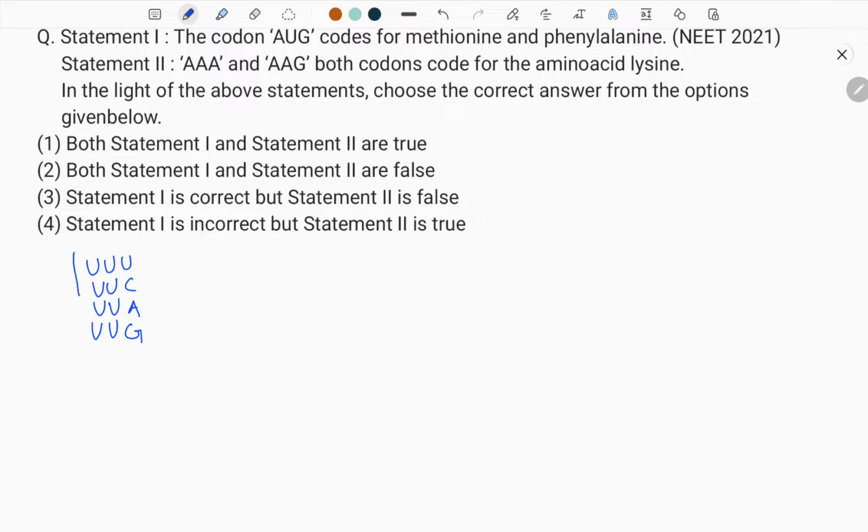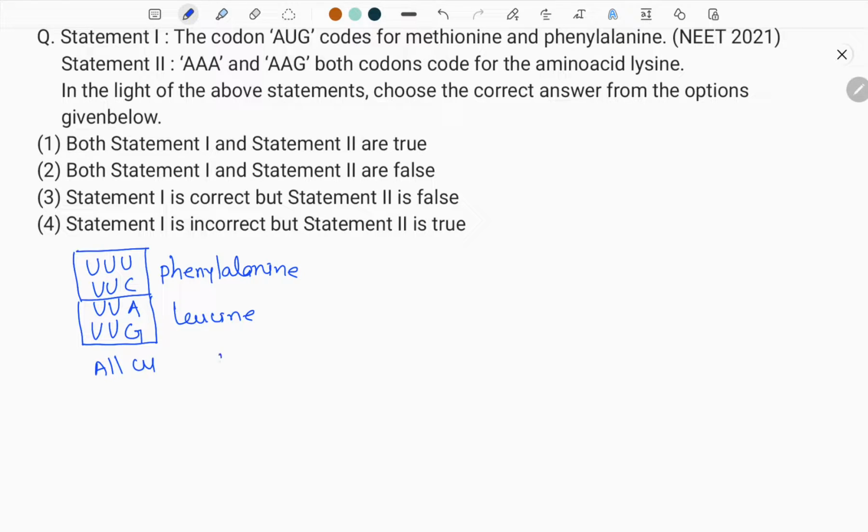And how do I remember it? The first two codons will code for phenylalanine. First UU will code for phenylalanine. Next UU will code for leucine. Next we have all CUs.